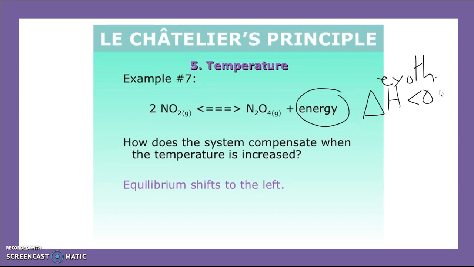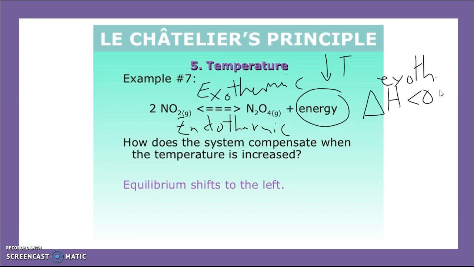So you can say that this way the process will be exothermic, but the opposite reaction will be endothermic. When will an exothermic reaction be favored? If you decrease the temperature. When will you favor an endothermic reaction? If you increase the temperature.